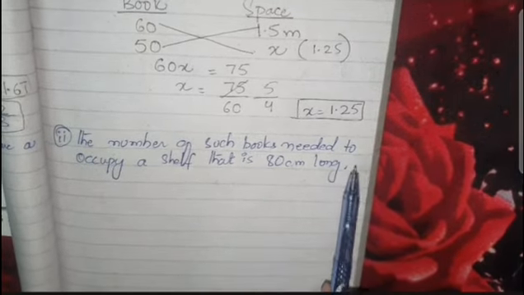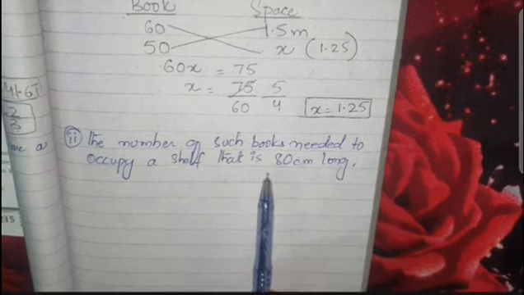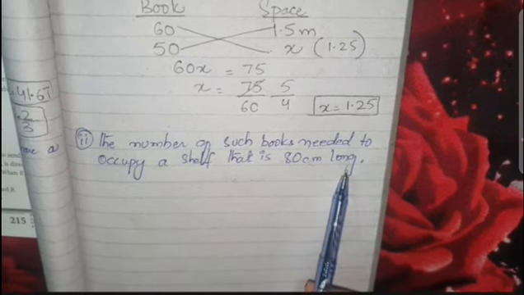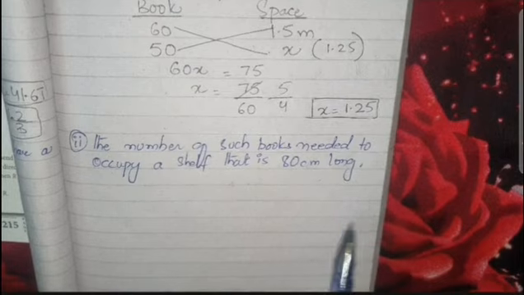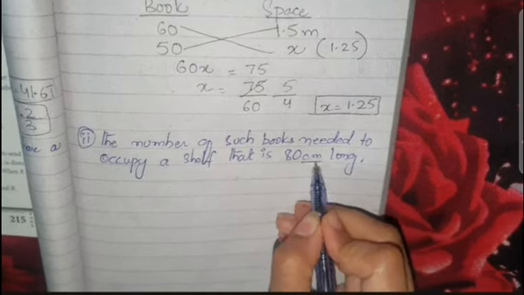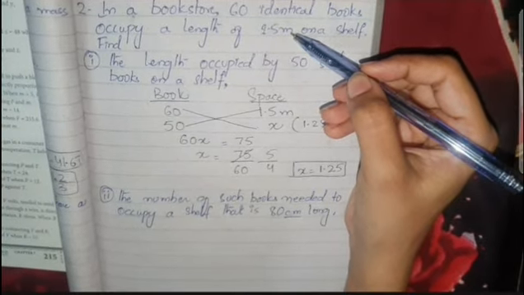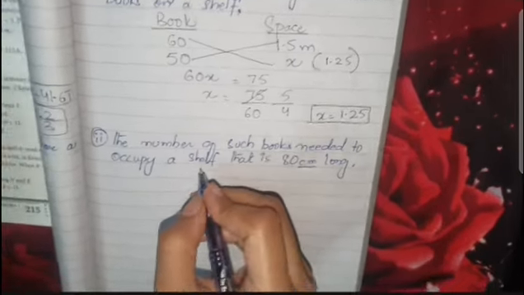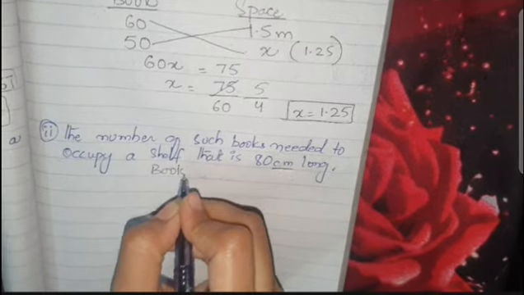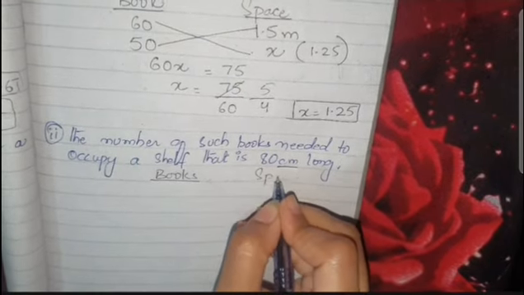The number of such books needed to occupy a shelf that is 80 centimeters long. I told you, just notice the units. Here it is 80 centimeters, but in the question it is given as 1.5 meters. So I am writing over here books and the space occupied.